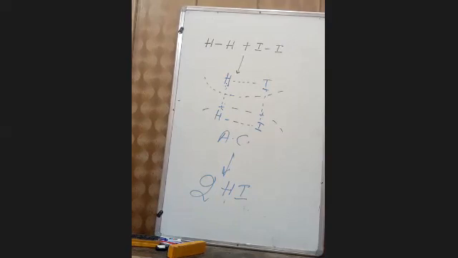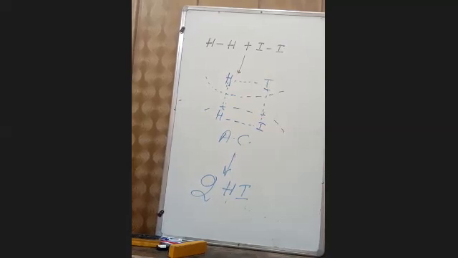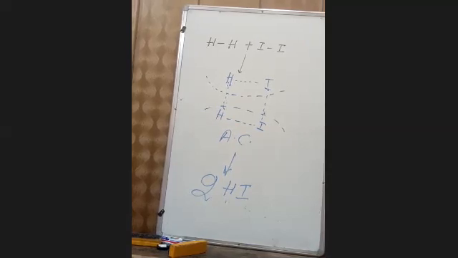Or activation energy is equal to threshold energy minus energy of reactants. And threshold energy is the minimum energy which the colliding molecules must have in order that the collision between the molecules may be effective. And threshold energy is equal to energy of activation plus energy of reactants.